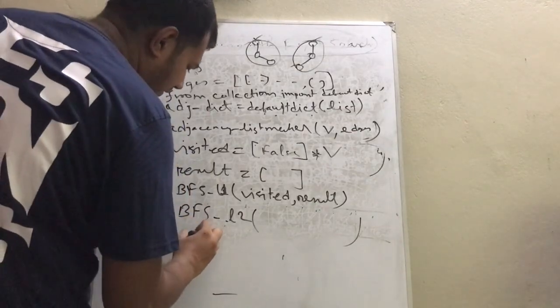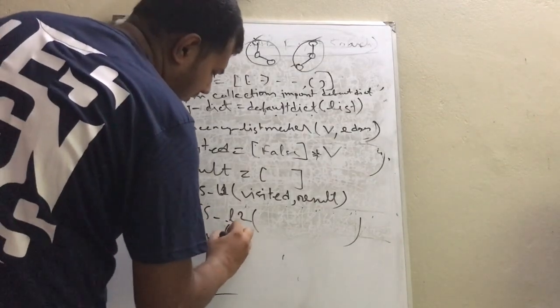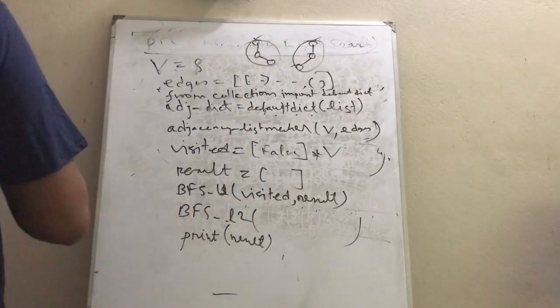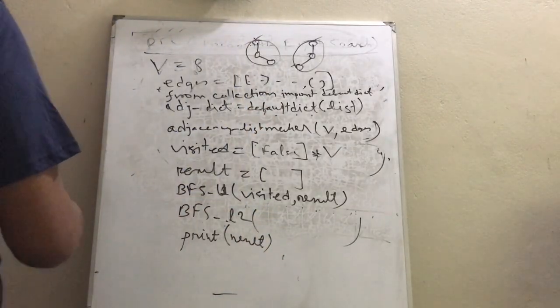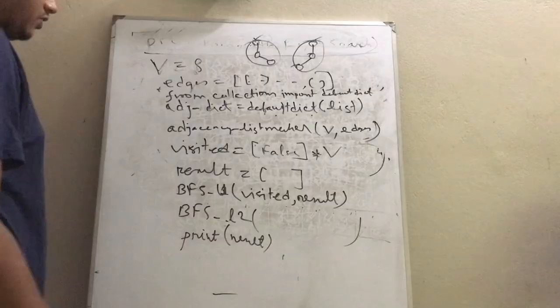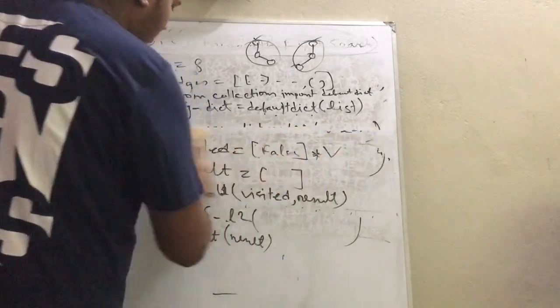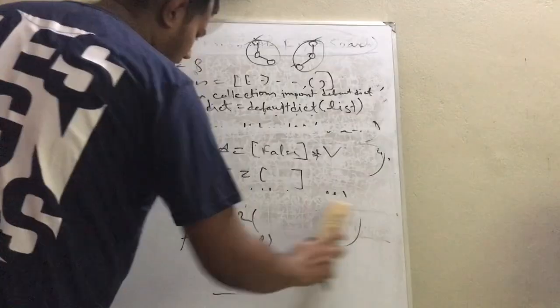And finally we print the result. So what we need to see: the adjacency list maker, BFS level 1, BFS level 2.